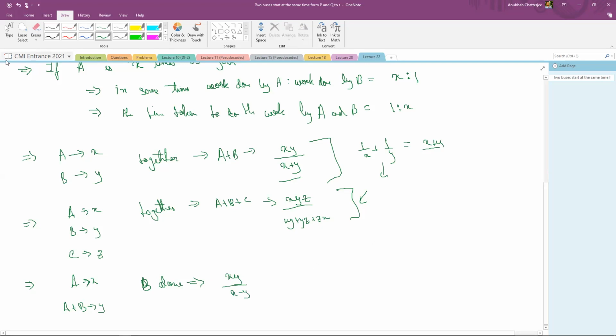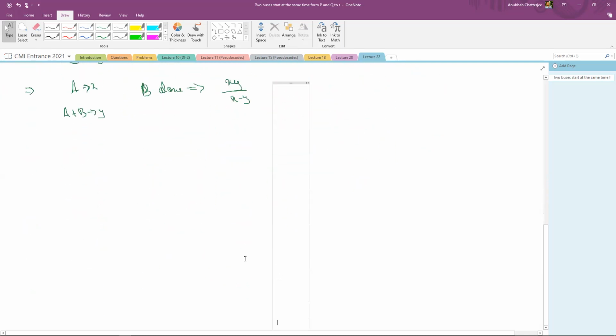Okay, so that does it for these things. One small thing, this is mostly not needed, but still I'll say it, if you can figure it out.